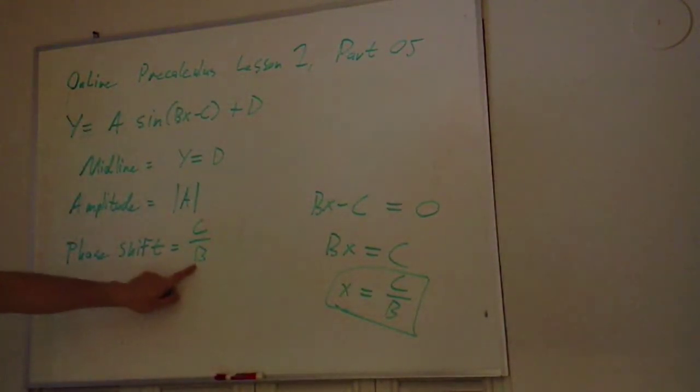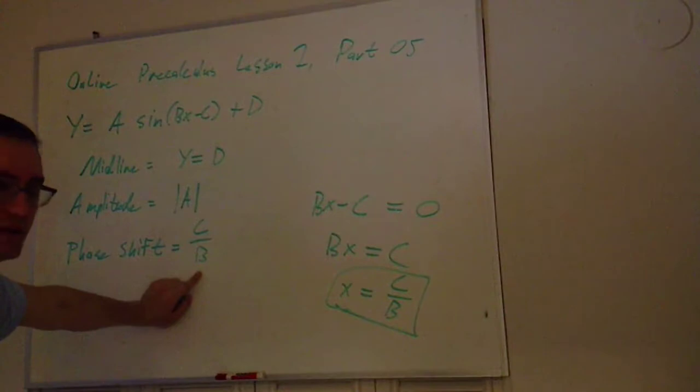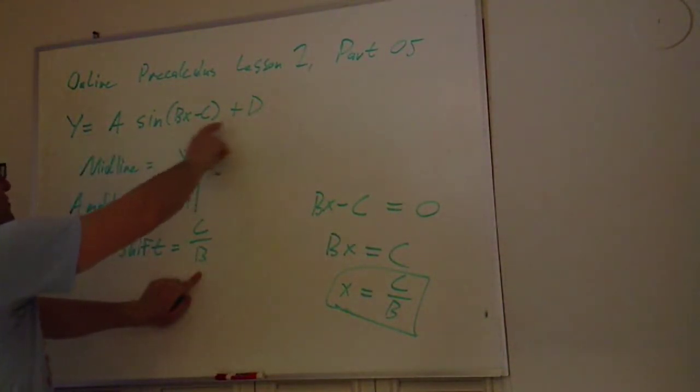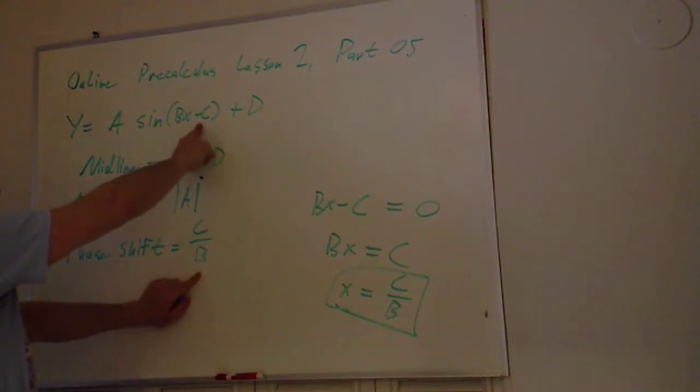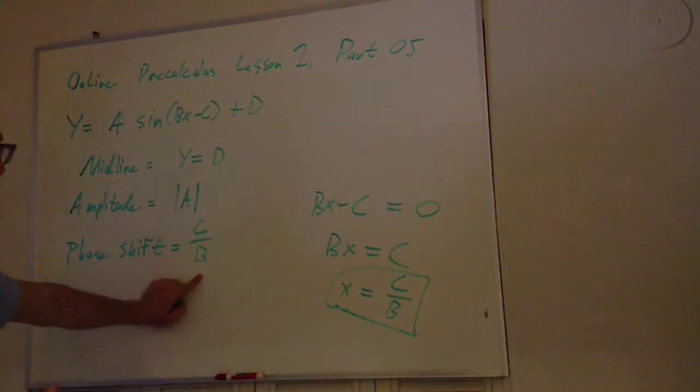This is sort of the shortcut that I mentioned earlier. The thing you have to be very careful about with this shortcut is in this structure, c is negative, or c is being subtracted. So if you have something like 2x minus pi over 4, if you're subtracting pi over 4 and this thing looks like bx minus c, then your c value is positive pi over 4.